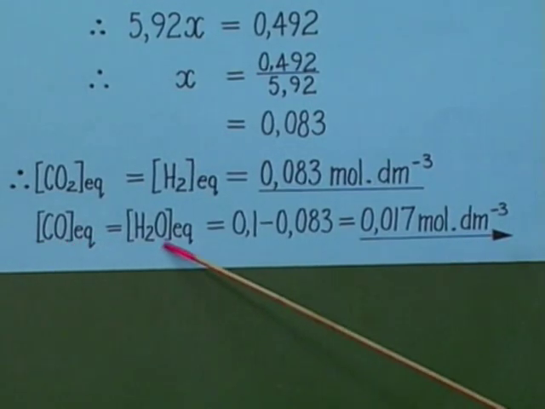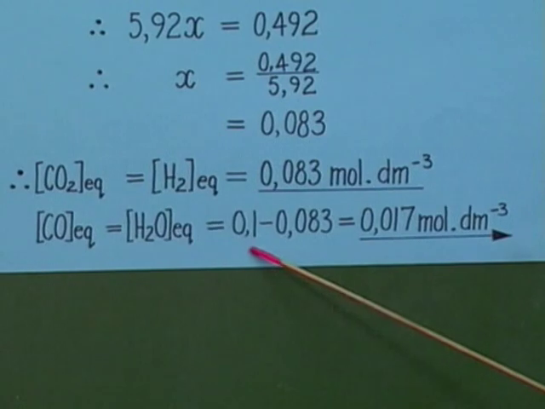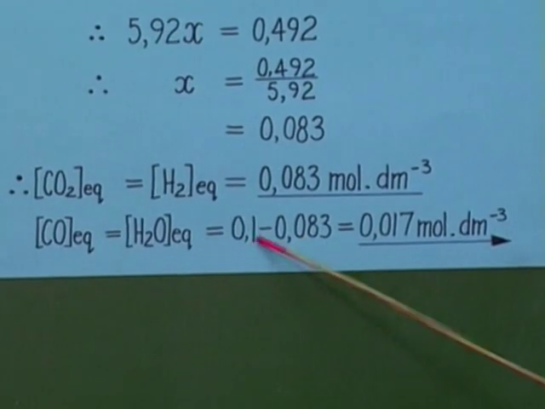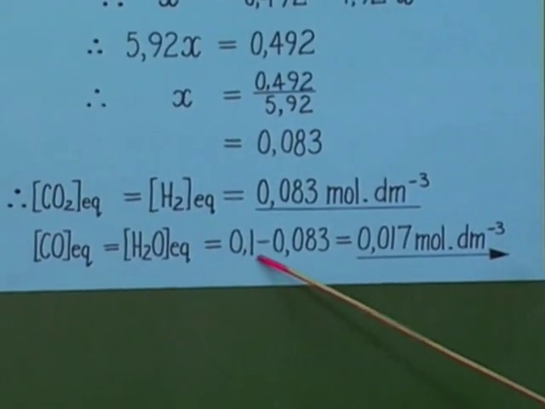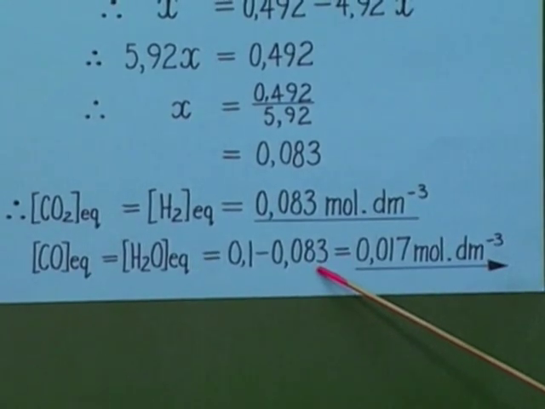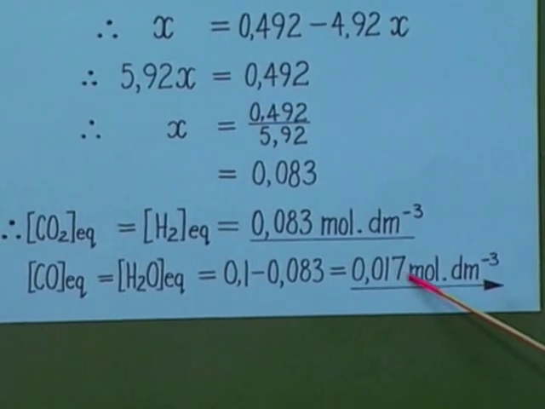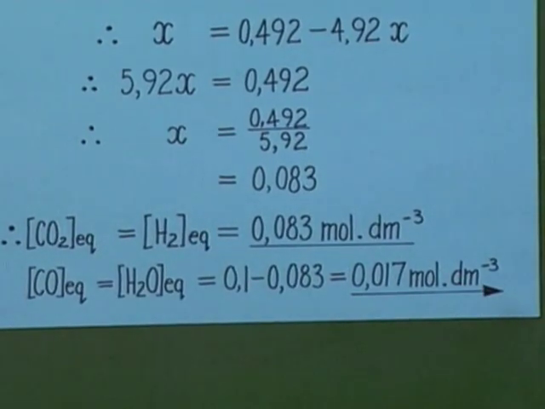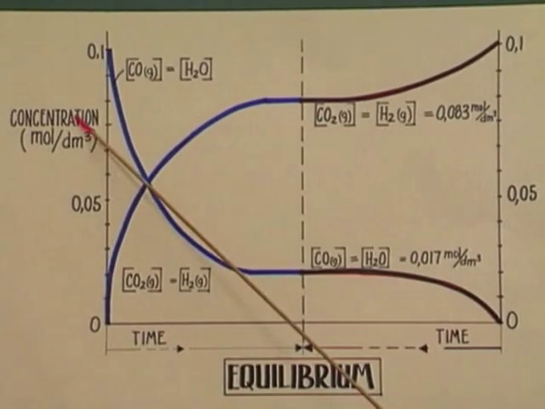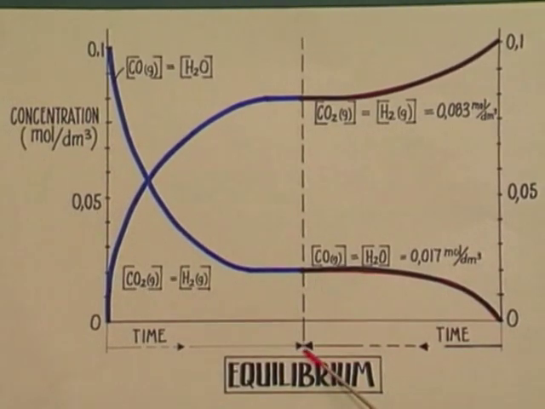while the concentrations of the reactants at equilibrium, of the carbon monoxide gas and the water gas, will be equal, and both will be equal to the initial concentration of 0.1 minus x, which is 0.083, which means it works out to 0.017 mole per cubic decimeter. This is the concentration-time curve for the same reaction.